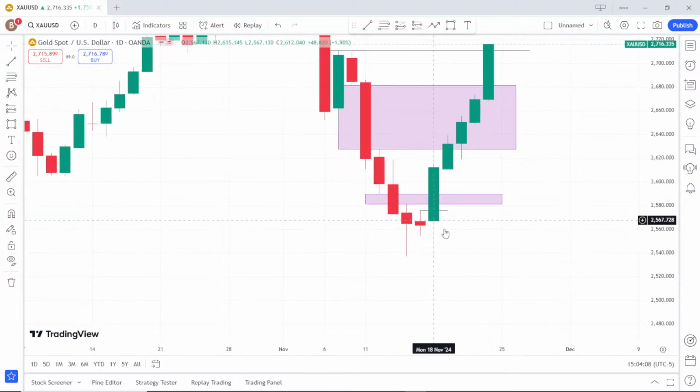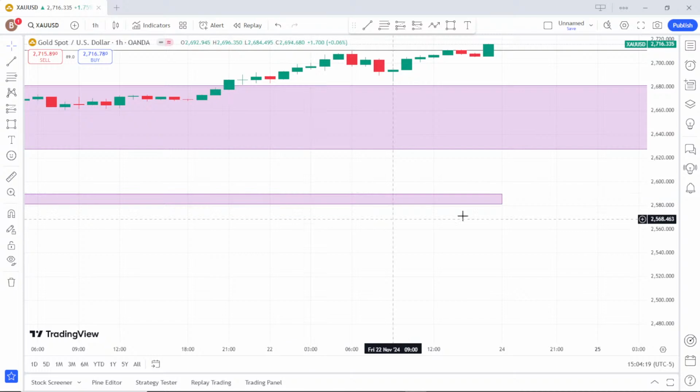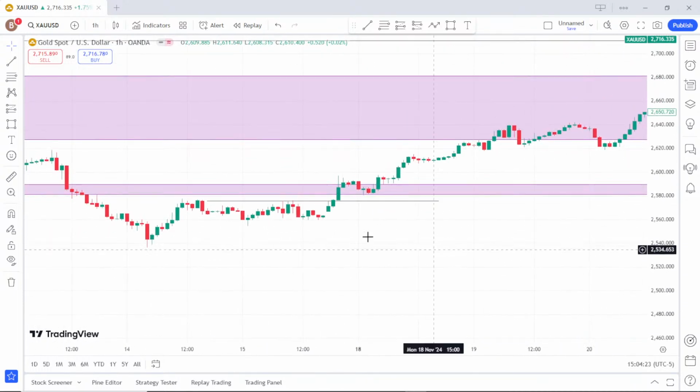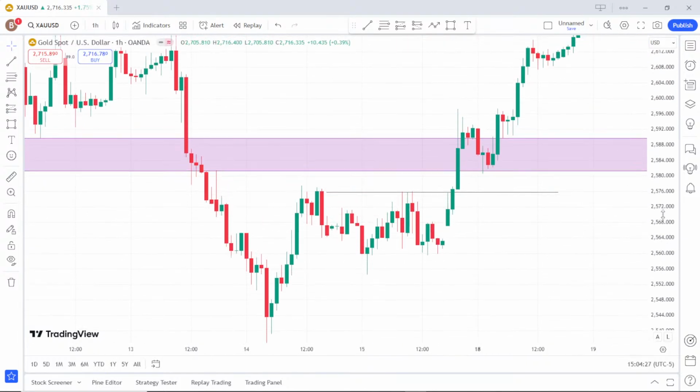So on Monday, I was expecting a bullish bias on gold, and since I was expecting a bullish bias on gold, all I did is I went straight to my 1 hour on Monday to keep looking for that bullish scenario, that level of bullishness. And then look at how gold formed.